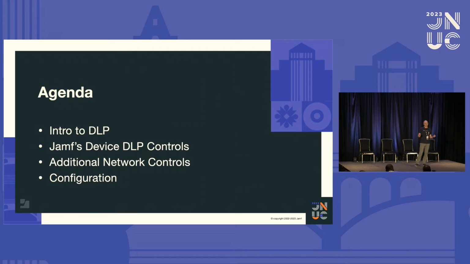We'll then talk about Jamf's device DLP controls, so not pertaining to network, but some of the things you can do on the device and what exists today in various different frameworks to restrict the leaking of information. And then we'll get into the meat of this, which is the additional network controls that are possible and how to configure those controls specifically with our Cloudflare partnership in this session.